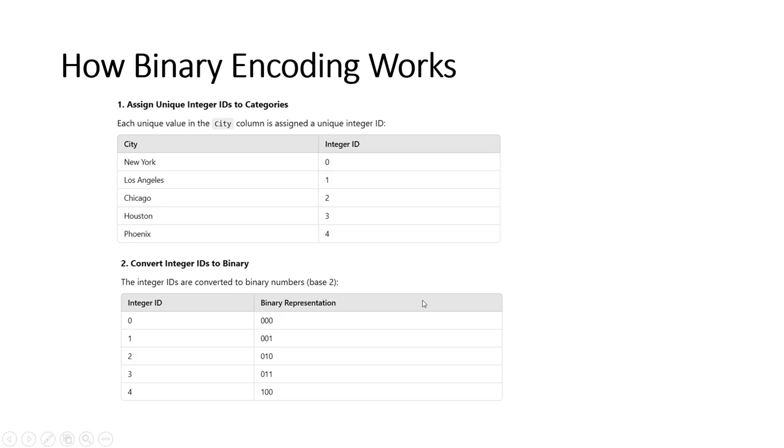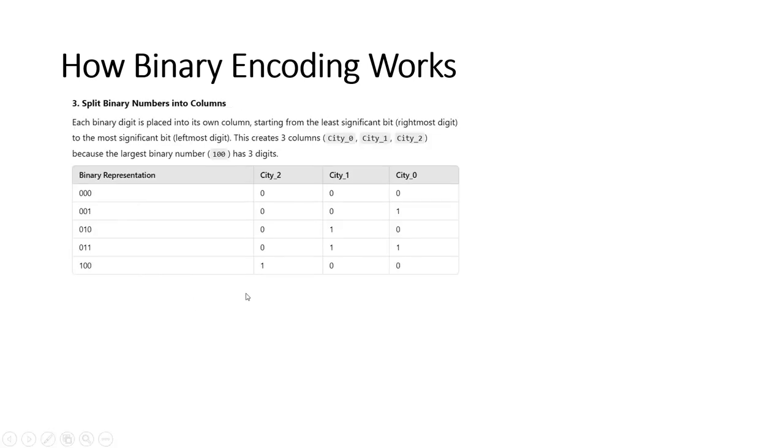After that, it splits the binary numbers into columns. As we have three digits in the binary, it creates three columns. 000 will be 0, 0, 0 and 001 will be 0, 0 and inside the last column 1, and 010 will be 0, 1, 0, split into three different columns.